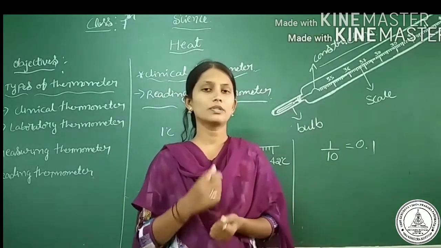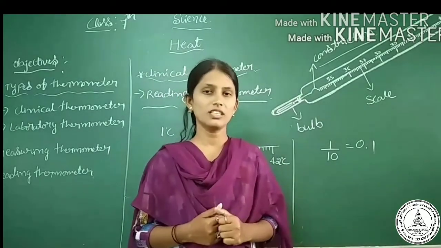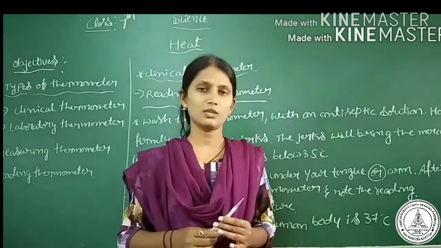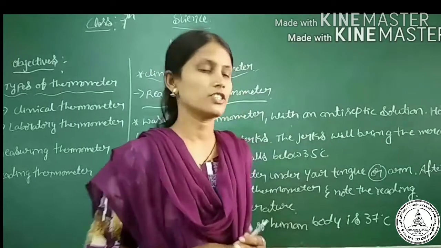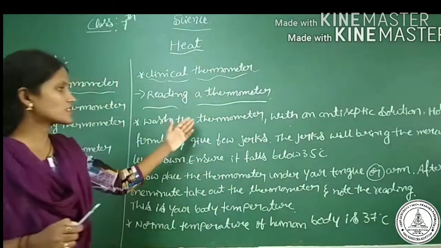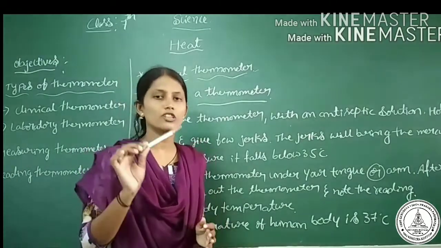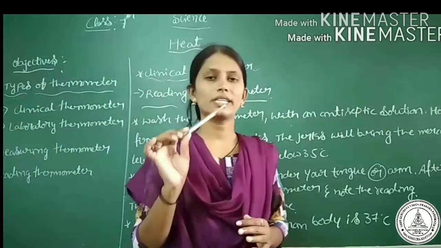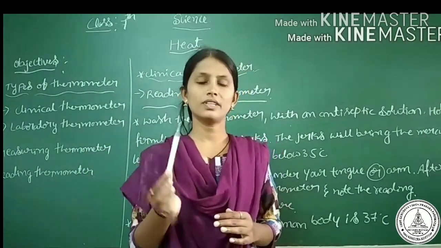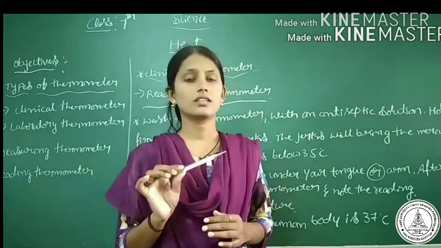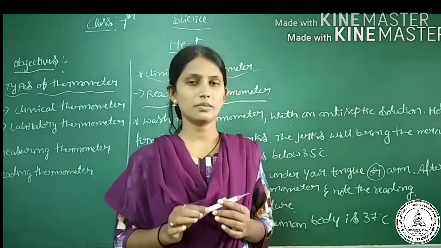Next, what precautions do we have to take while using the clinical thermometer? We will go on to how to use the clinical thermometer to measure the body temperature. First, wash the thermometer with an antiseptic solution. You have to wash this thermometer before keeping it in the mouth, and after taking it out of the mouth also, you have to wash this clinical thermometer with an antiseptic solution.